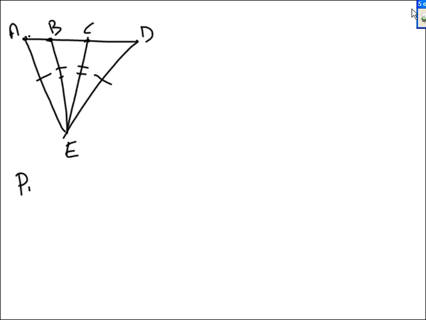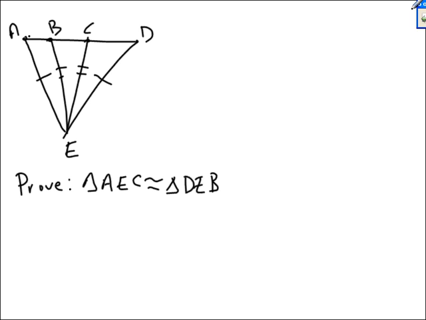And you want to prove that triangles AEC and DEB are in fact congruent.